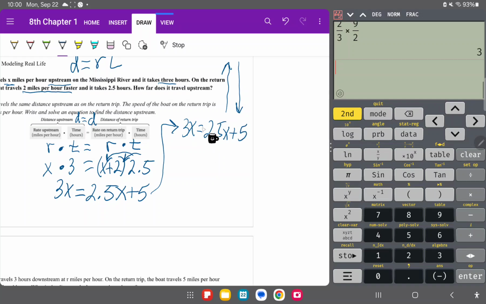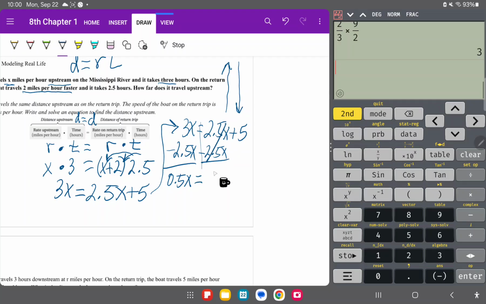Okay, so I have this variable term. I need to get over there to that variable term. So I'm going to subtract that right there. And doing that, I get 0.5x. Bring down your equals.